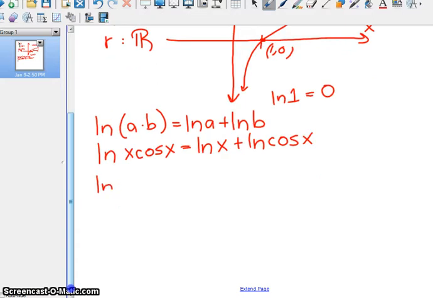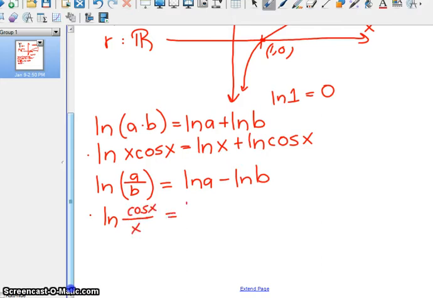If I have natural log of a divided by b, that log rule is natural log of a minus natural log of b. So if I have natural log of cosine x divided by x, we could expand that and write it as natural log of cosine x minus natural log of x.